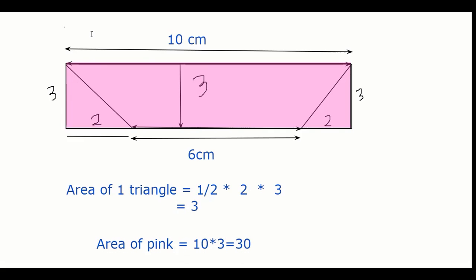Now, if I want only the area of this, I'll tell you what I want. I don't know how to fill that. It will not work. I'll put a boundary of a different color. Just tell me the area of that region, if you all understood. What will be the area of that region?